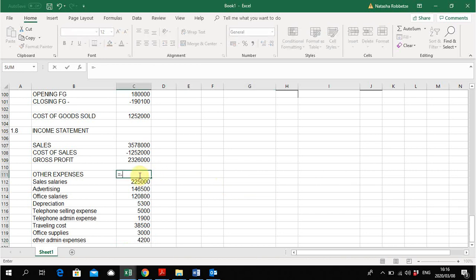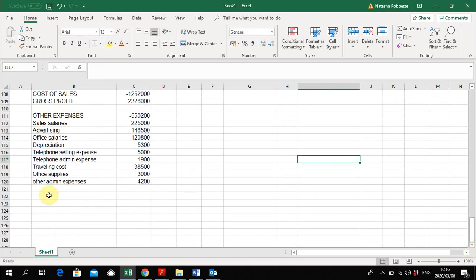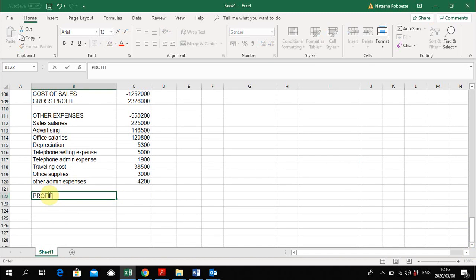I need to get to the sum of all that. And that is 550,200. Your profit before tax will then be the gross profit minus these expenses.